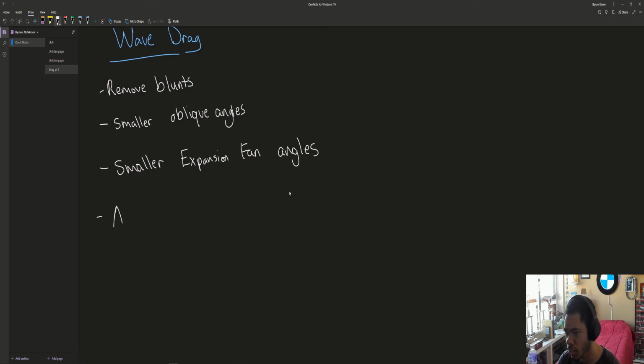This one thing is called the area rule. Essentially, the area rule is a gradual increase and decrease of cross section.